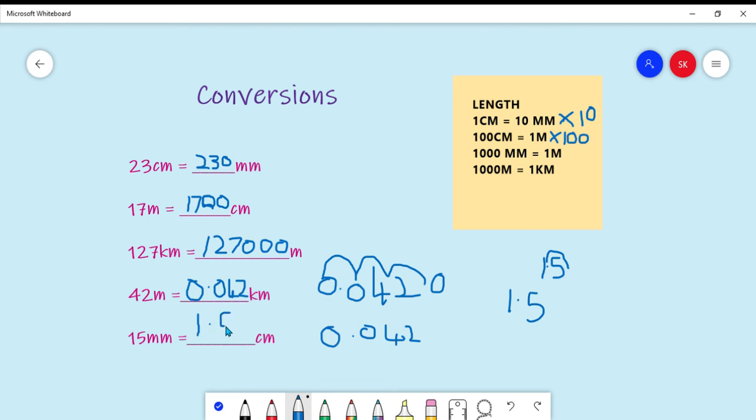Again, if you didn't quite understand that method, here we'll put it. We have 1 and 5. We have the decimal point and a 0 to show that it's a whole number. If you add 0.000 and as many zeros, it won't make any difference to the number. It's just to show that we have a whole number here. Now what we have to do is we move the decimal point behind 1, which gives us divide by 10.